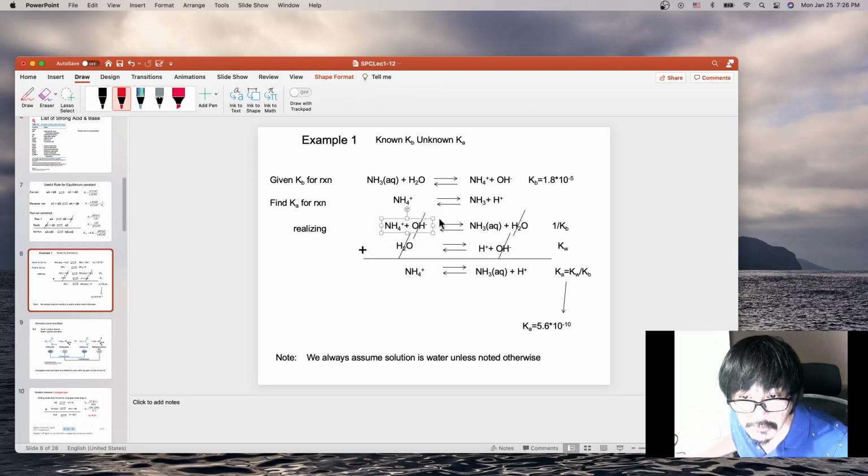If you add it up, these things cancel, that thing cancels, and you get these things right here. And that Ka is equal to, because we swapped this one, 1 over Kb, and then this is Kw. So if you multiply these things right here, then that becomes Ka, right? And Ka turned out to be this one for this particular example.